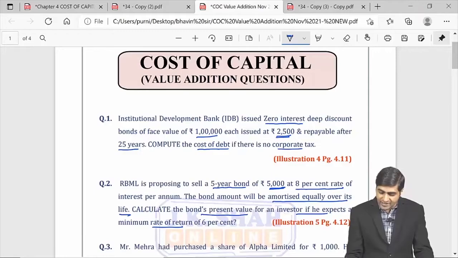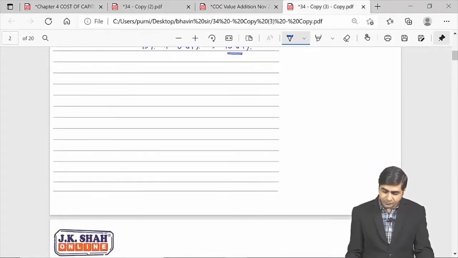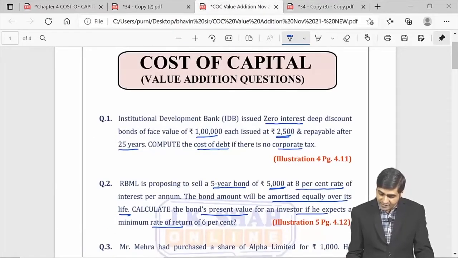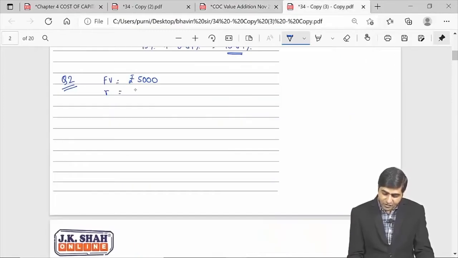Okay. So guys, here first let us write down in your question number 2 what is going to be your face value of the bond. Your face value of the bond is rupees 5,000. What is your rate of interest? Your rate of interest is nothing but 8%. So your interest is 8% on a per annum basis.